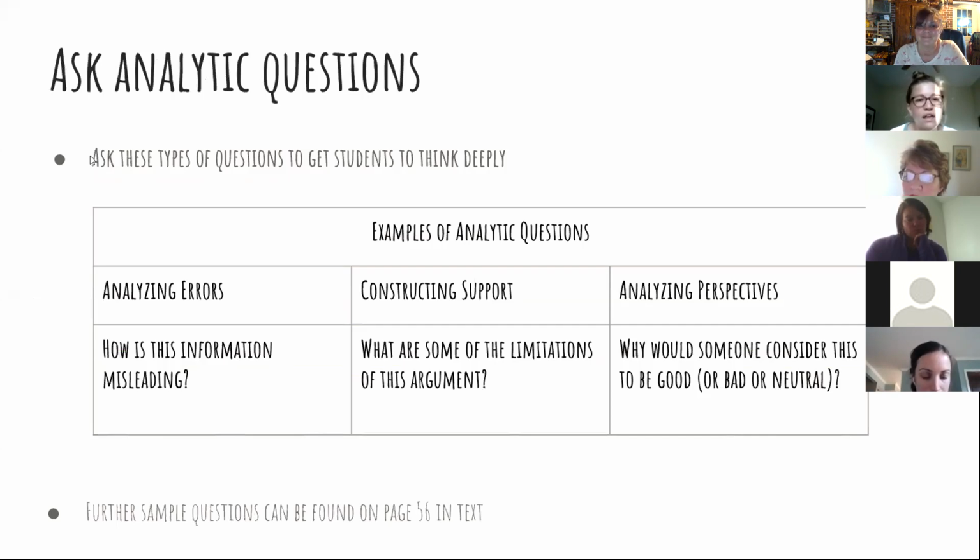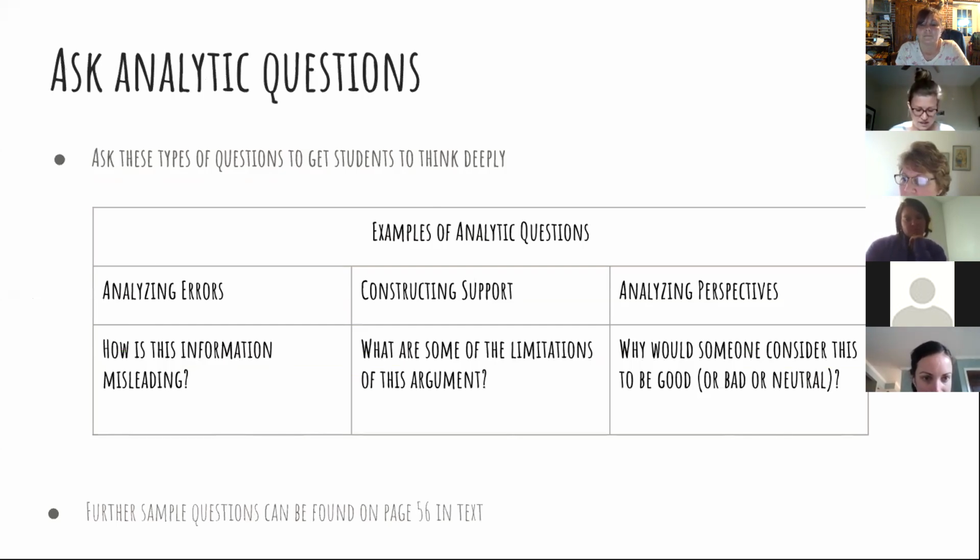So it says to ask these types of questions to get students to think more deeply. The 3 types of analytic questions were analyzing errors, constructing support, and analyzing perspectives. One example given in the text was analyzing errors.